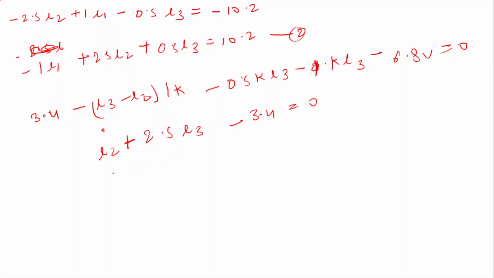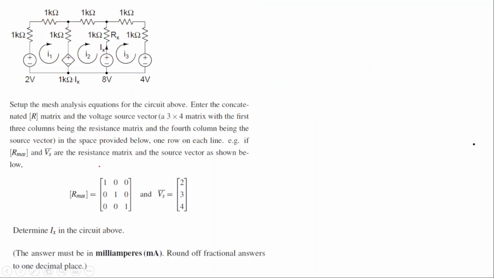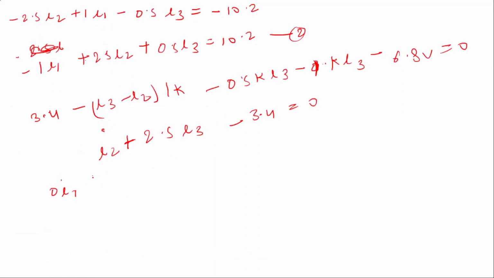So now our equation has become 0 times I1 plus 1 times I2 plus 2.5 times I3 equals 3.4. So this is our third equation.